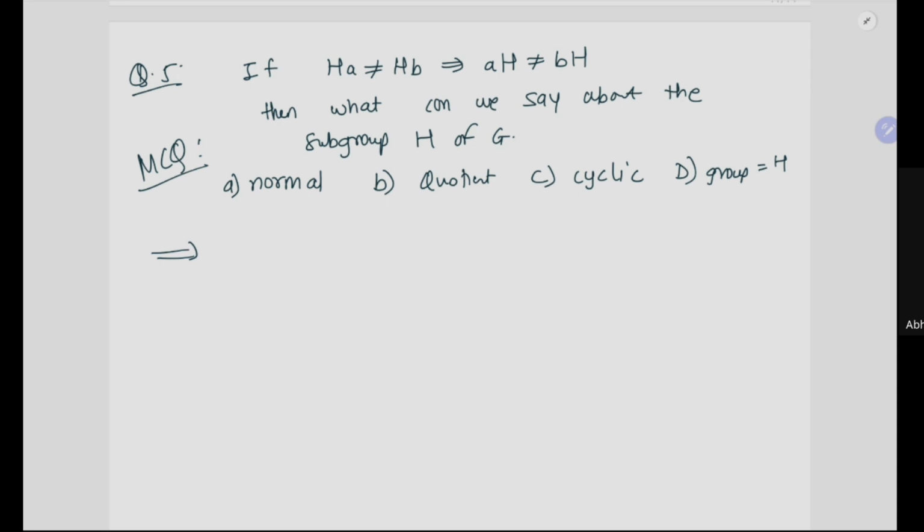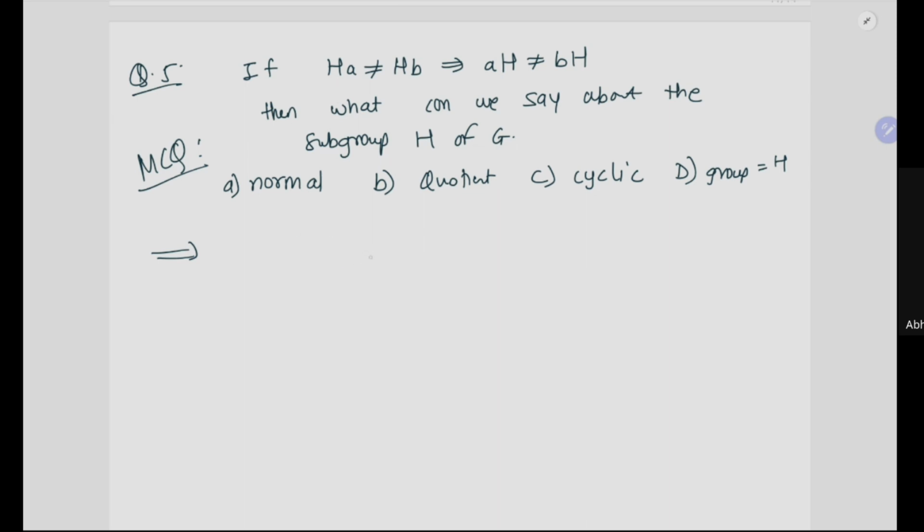Option A can be, it is not normal. Can you give me an argument why it is not normal? Ma'am, for normal, the right coset and left coset should be equal. Right. But here what they are saying is different.